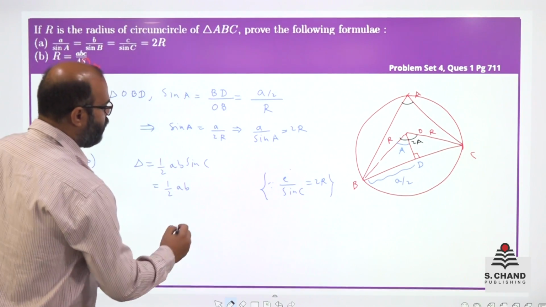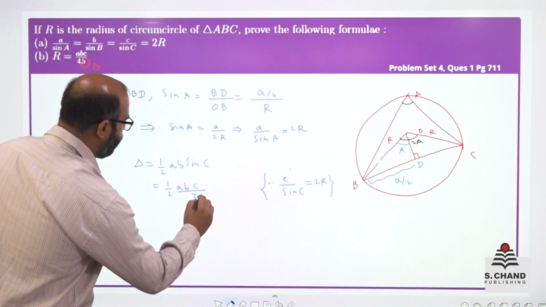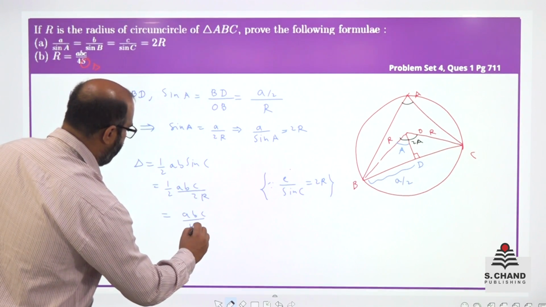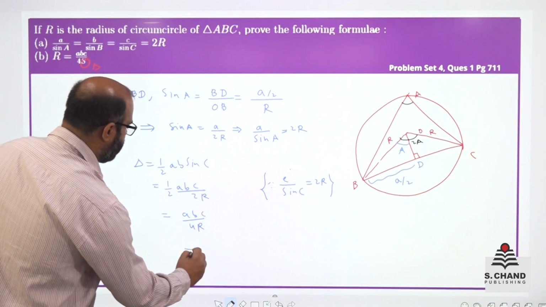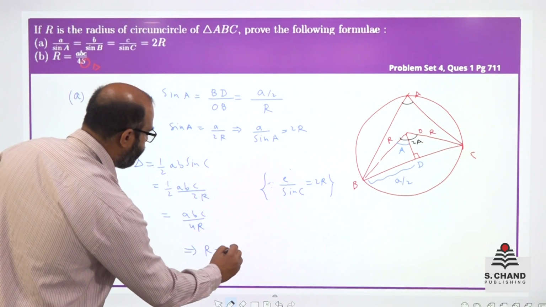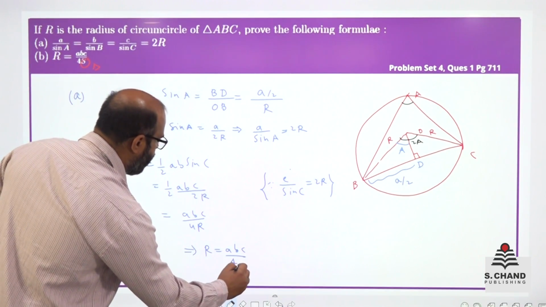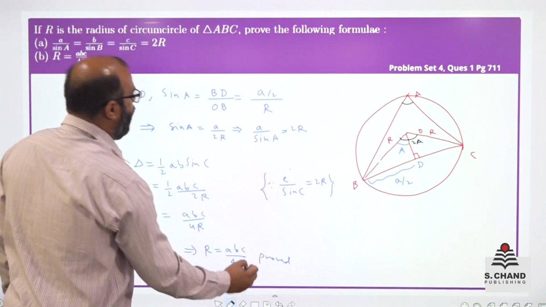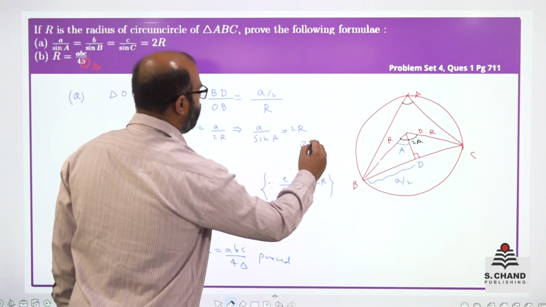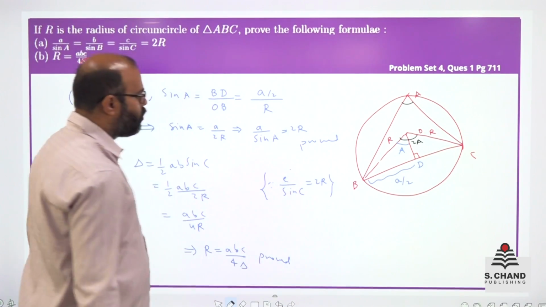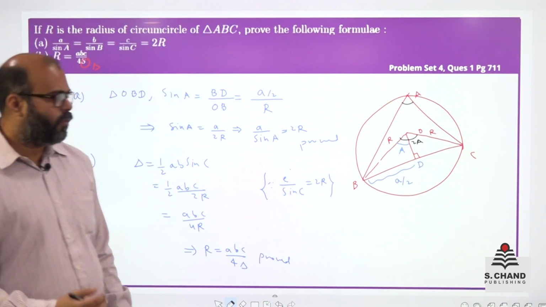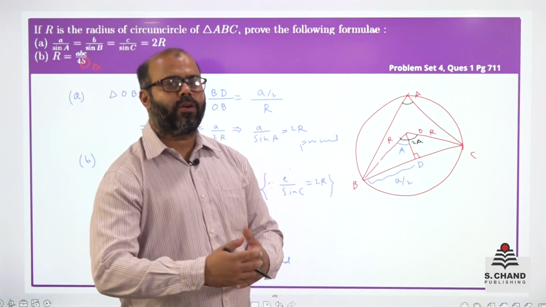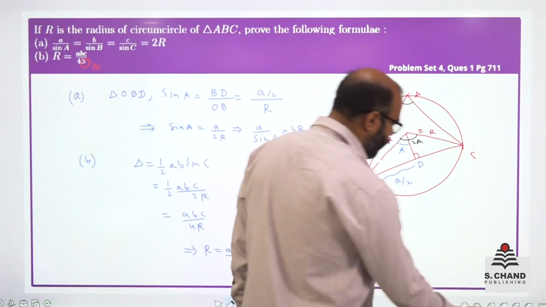So sine C will become c by 2R. So this will become abc by 4R, which is area of triangle, which means R is equal to abc by 4 area of triangle. So this is also proved, and this is also proved. So in this manner you can prove these formulas. This is a part of theory basically, but it is also a part of question sometime. So you can solve them.